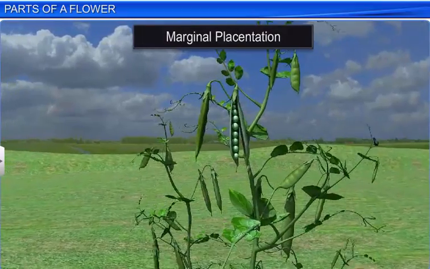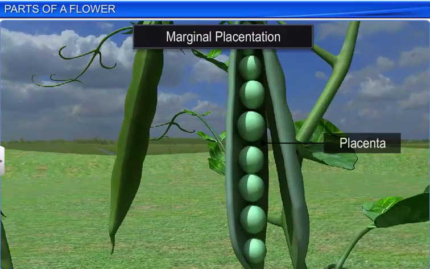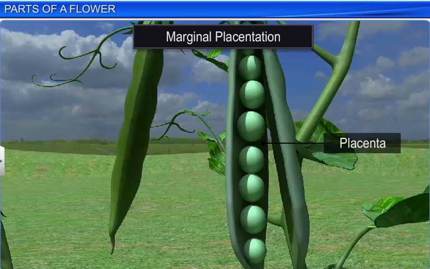Finally, in marginal placentation, along the ventral suture of the ovary, the placenta forms a ridge. The ovules are borne on this ridge in two rows, as seen in the pea plant.